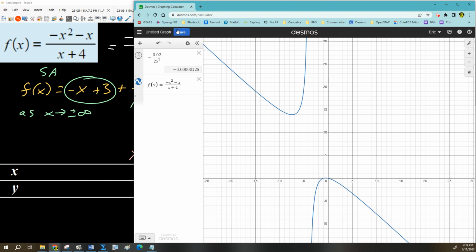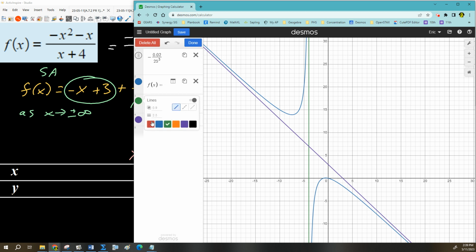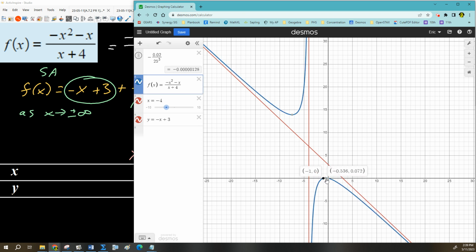If we graph the asymptotes on this, x equals -4, there's the vertical, and then we had the line y equals -x plus 3, I think it was. Yeah, it's that one, right? Okay, so there's our graph. Makes sense? And look at the x-intercepts, right? There's our x-intercepts, -1, 0 and 0, 0. Right?